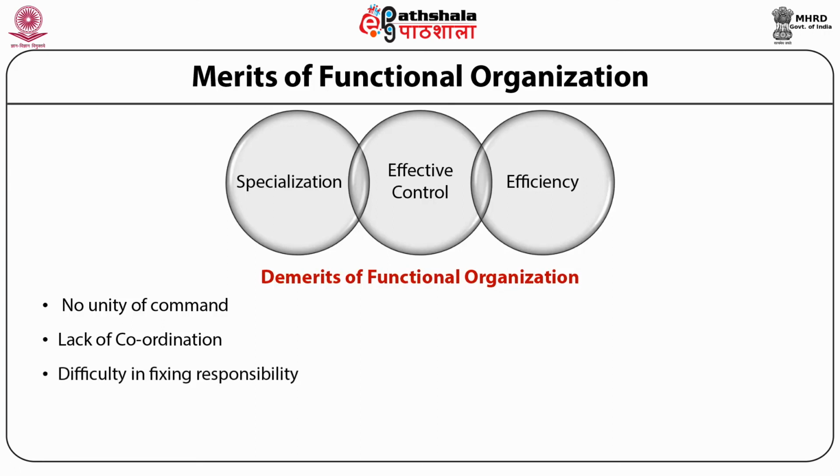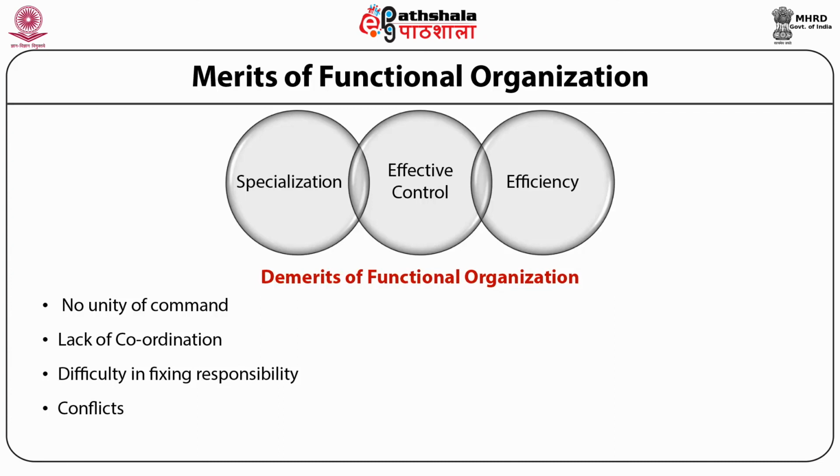Third is difficulty in fixing responsibility. Because of lack of unity of command, it gets difficult to fix responsibility of the workers and hence they can easily shirk away from their work. Fourth is conflict. Functional organizations are characterized by conflicts among the line authority and the line authority of the staff experts.